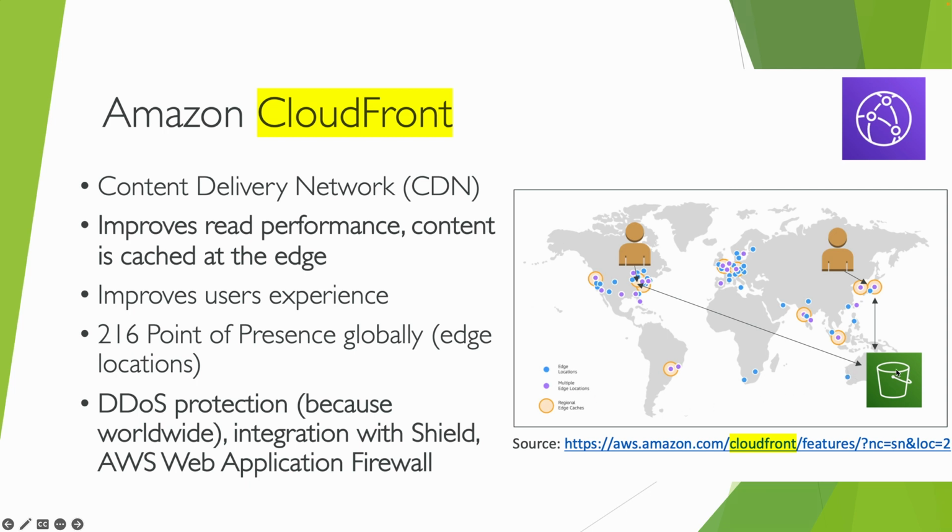That means the resource in the bucket is being used by all the people around the globe. I have an application here, and that application is accessible by all the people around the world.